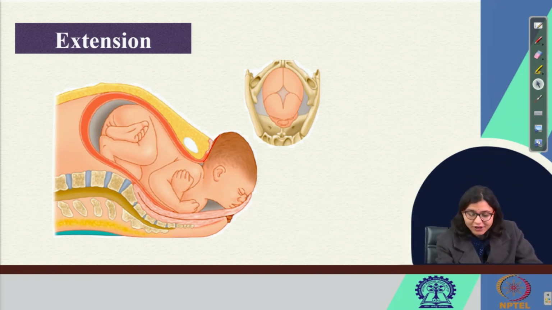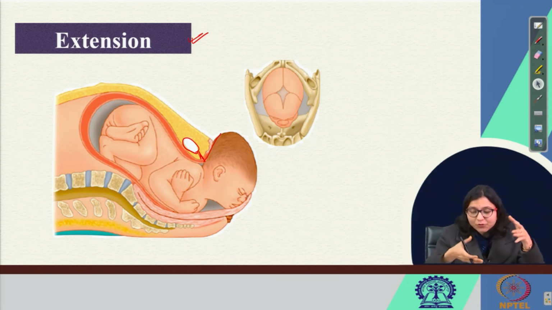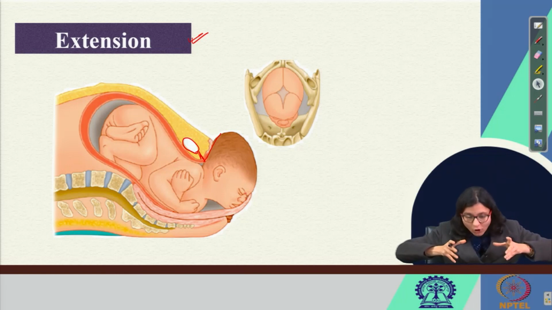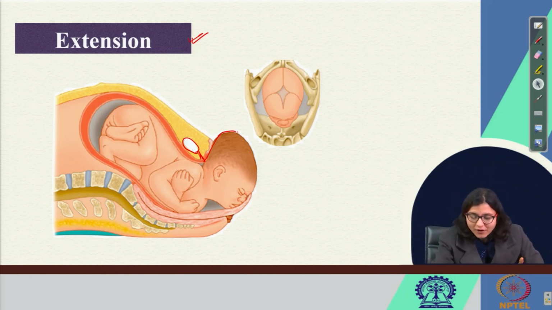This is the delivery of the fetal head by the process of extension. The occiput will hinge below the pubic symphysis, and the fetal head, which was in flexion, gradually by the process of extension, delivers.